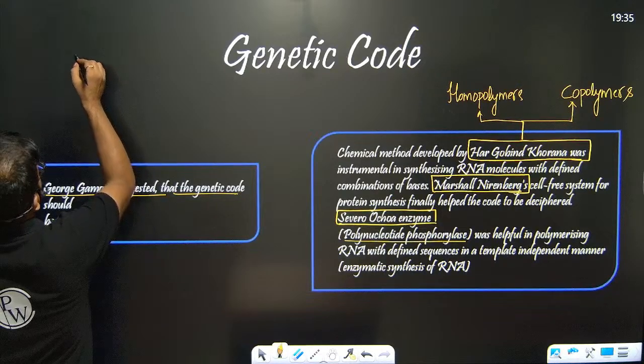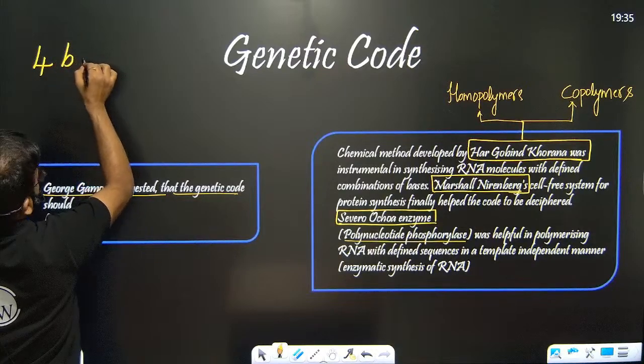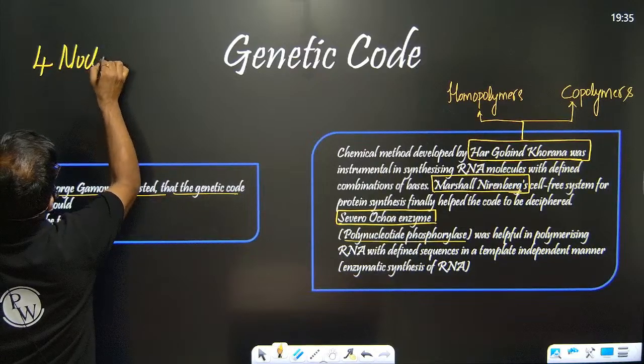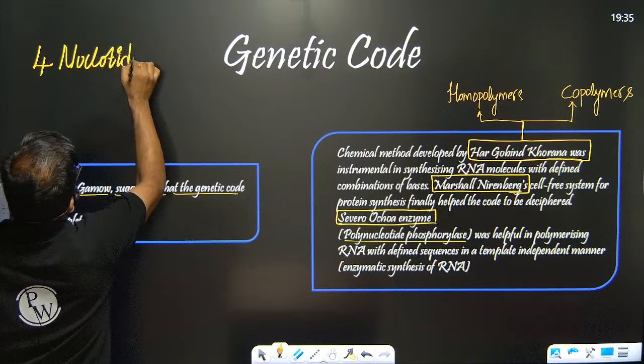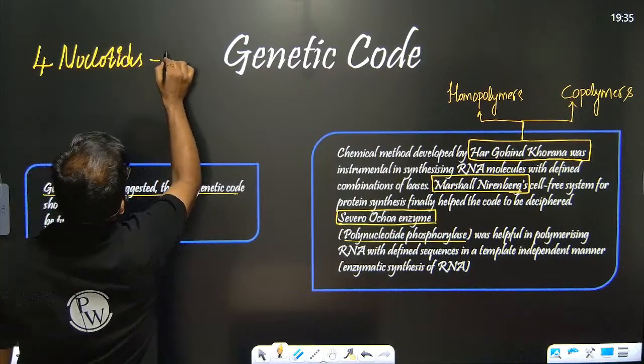Why? As you know, there are 4 nucleotides, or 4 bases. And how many amino acids are there? 20 amino acids.